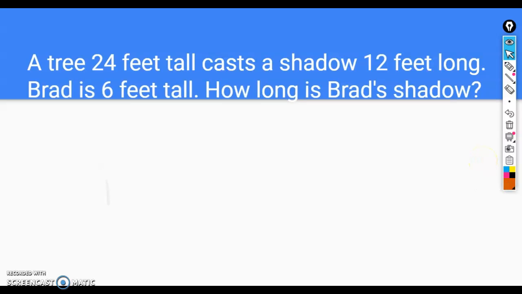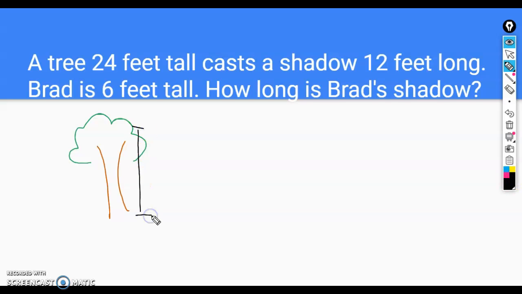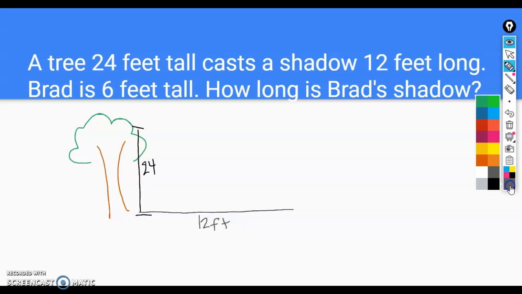So here I have a tree that is 24 feet tall. So here's my tree. Okay, and it is 24 feet tall. And it's going to cast a shadow that is 12 feet long. So if you notice, here is your triangle.